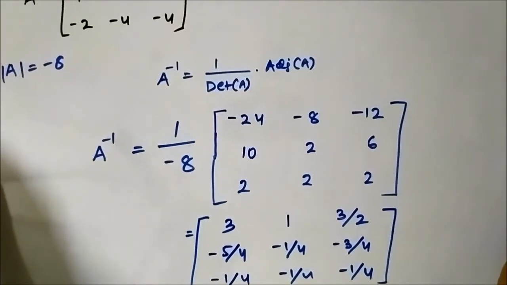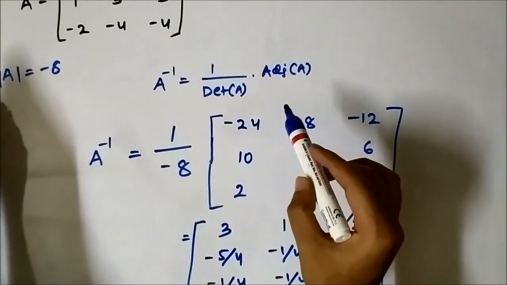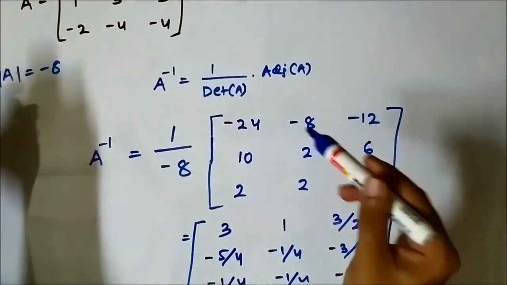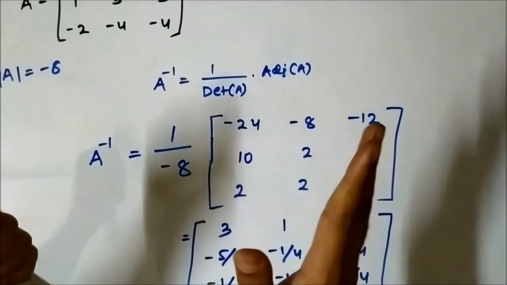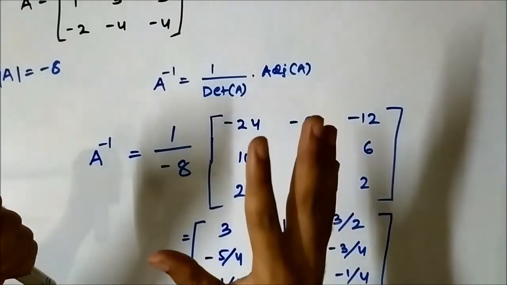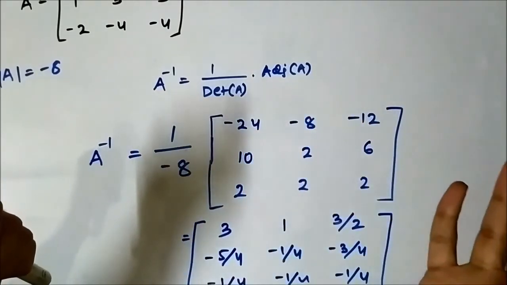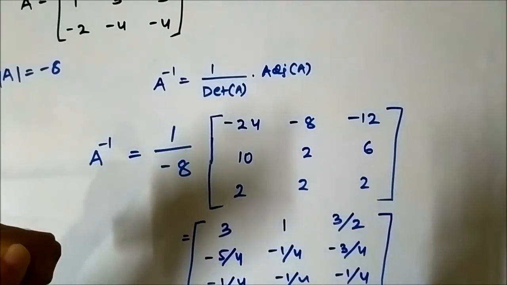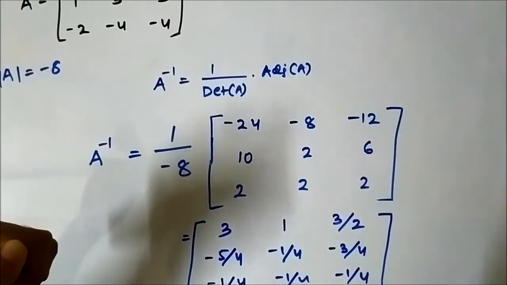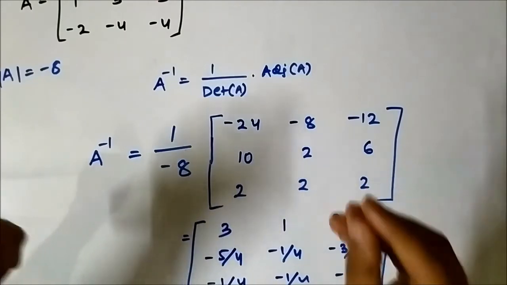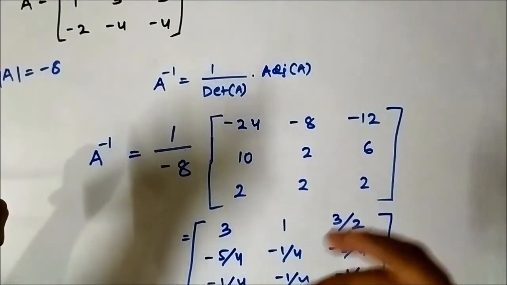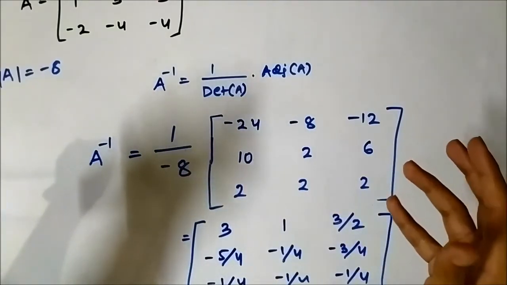I did not calculate the adjoint matrix because I have already posted a lot of separate videos related to minors, cofactors and adjoint, and have given sufficient examples in those videos on how to calculate the minor, the cofactor and the adjoint of a matrix.